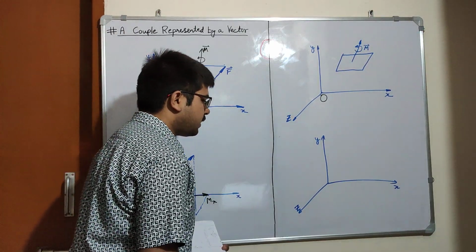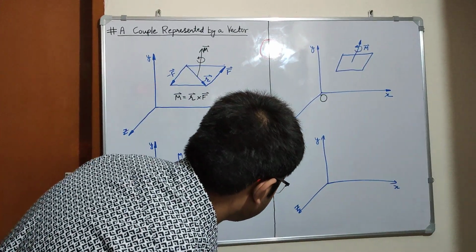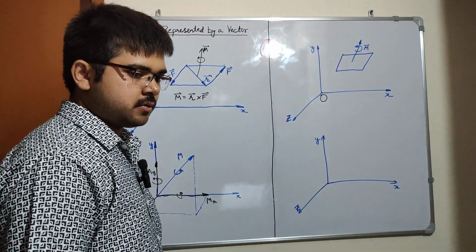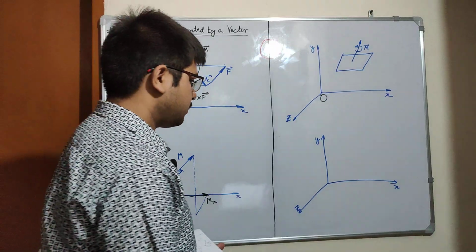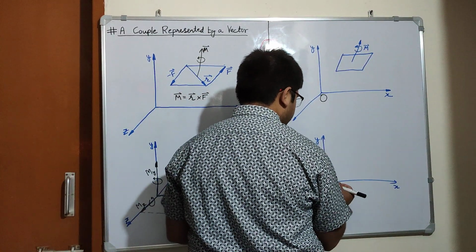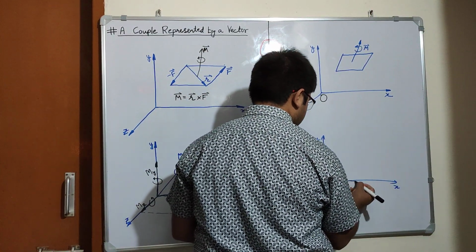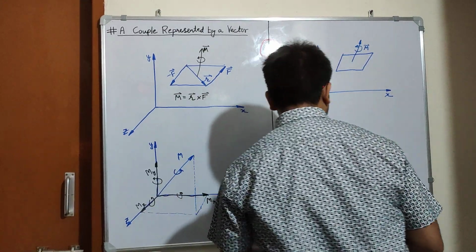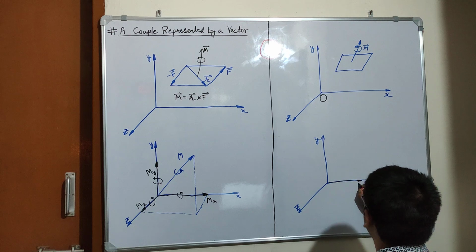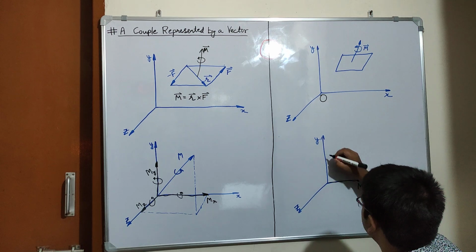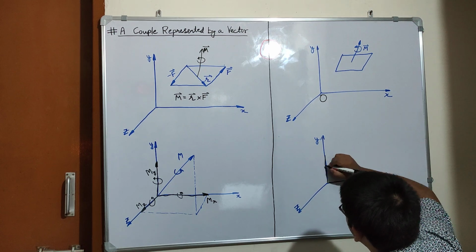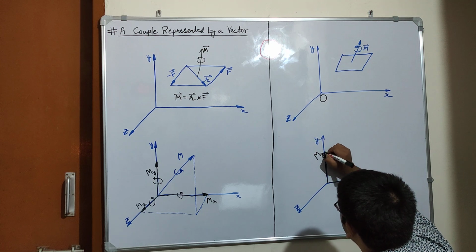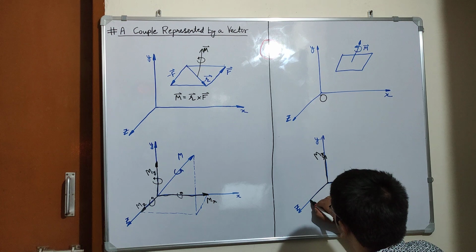Now this can be shown here. This is Mx vector, Mx, this here is My, and this here is Mz.